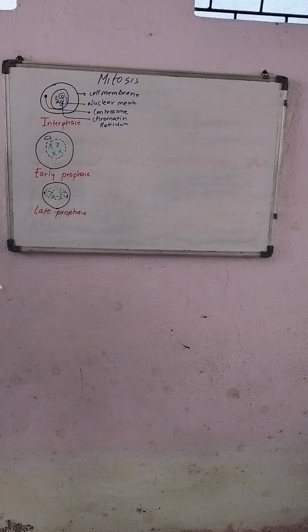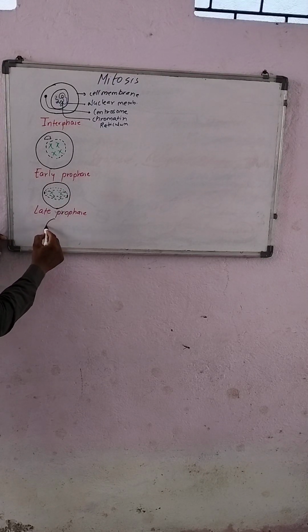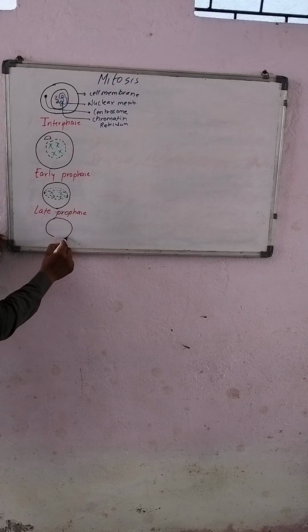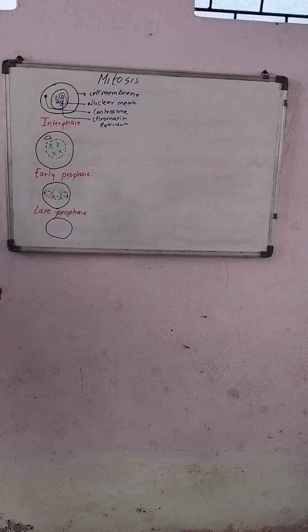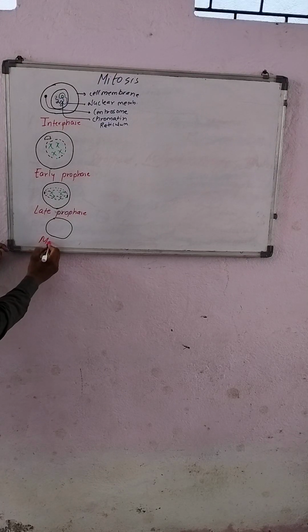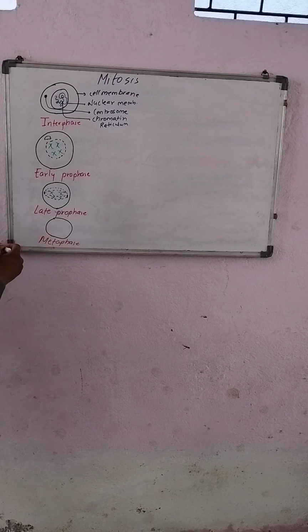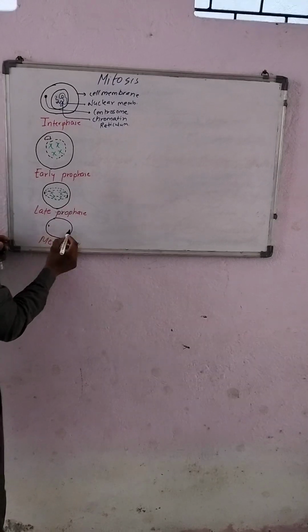Now we are moving to the next phase, that is metaphase. What happens in metaphase? This diagram is saying that the asters and spindle fibers are common in every phase.